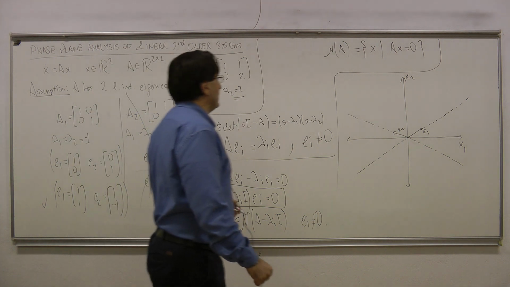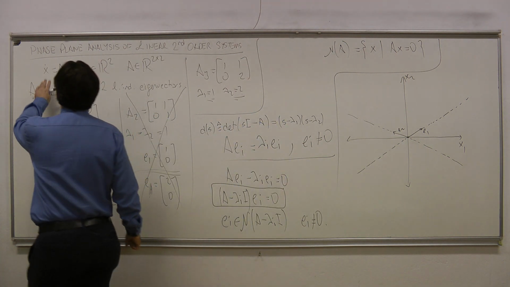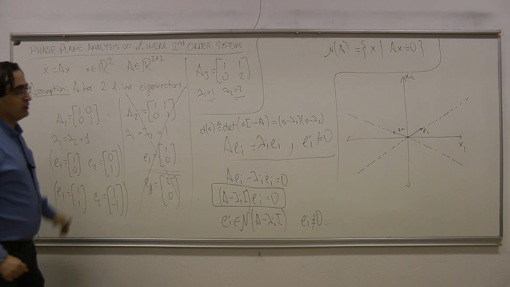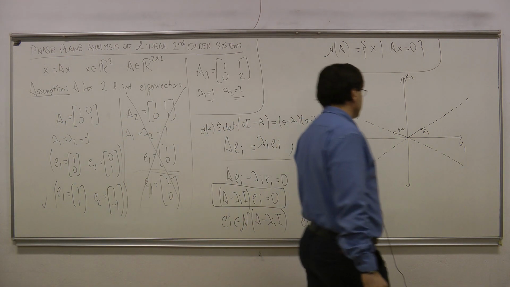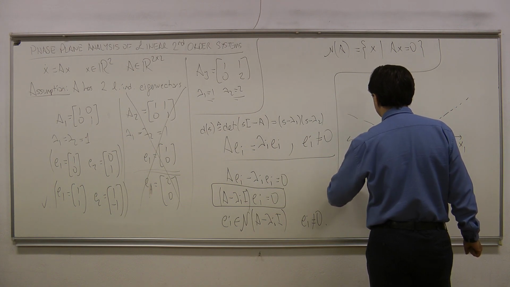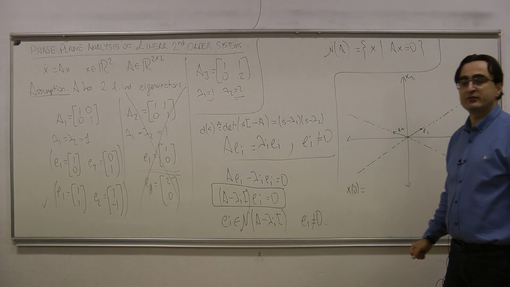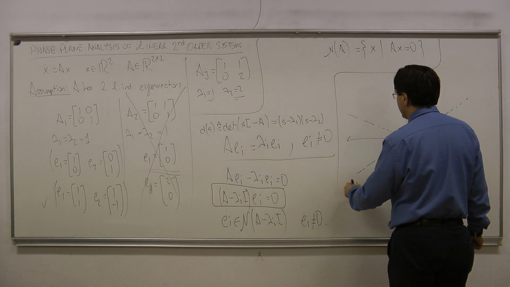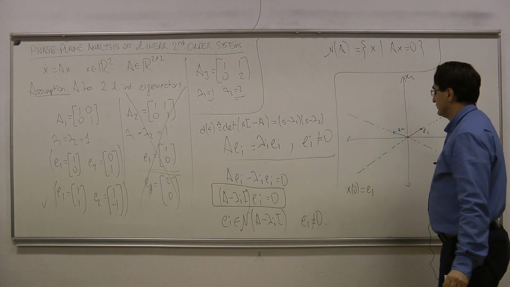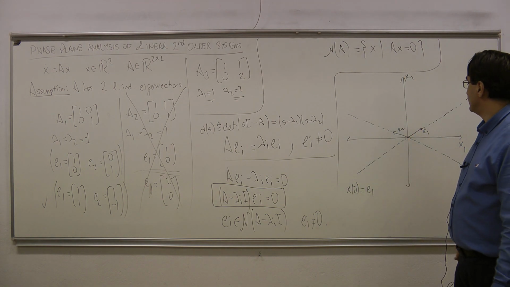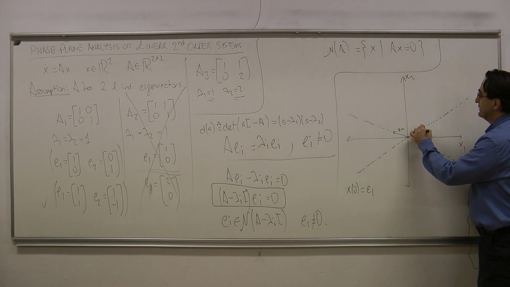Now suppose that I have this system, x dot is equal to ax. I would like to understand what happens if I choose my initial condition x0 in the following way. Suppose that I choose my initial condition just like the eigenvector, E1. So this point is my initial condition.